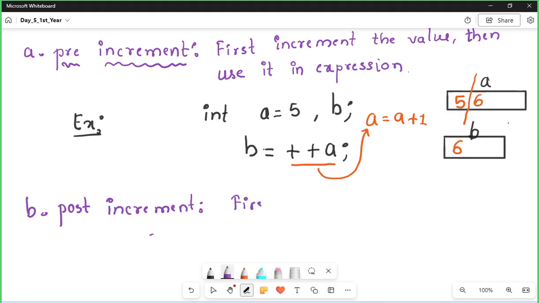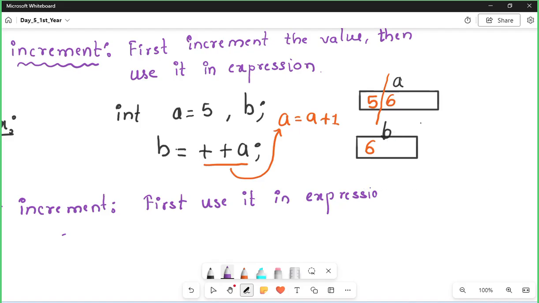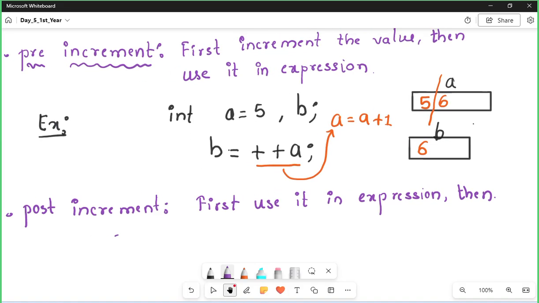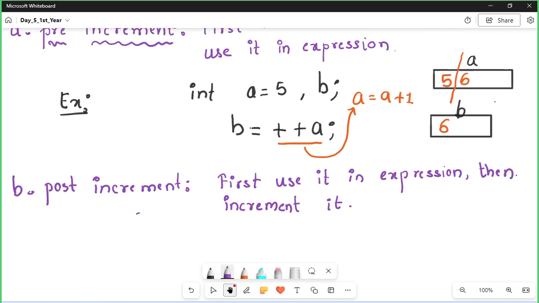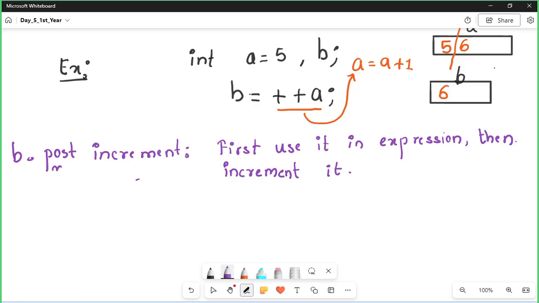First use it in the expression, then increment it.